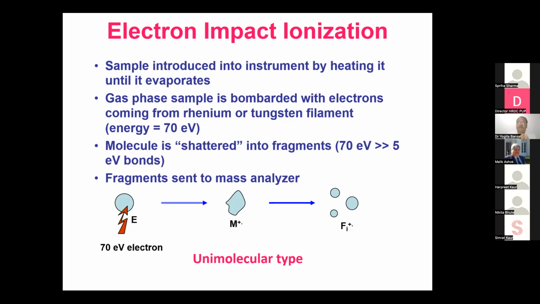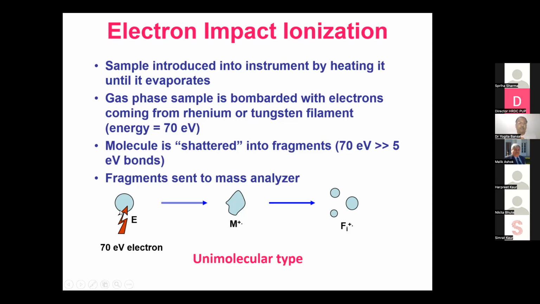That gas phase sample is then bombarded with an electron beam, usually emitted from a tungsten filament, which has an energy of 70 electron volts. When such a high amount of energy strikes the molecule, it is shattered into fragments, and those fragments are then analyzed by the mass analyzer and then go to the detector.